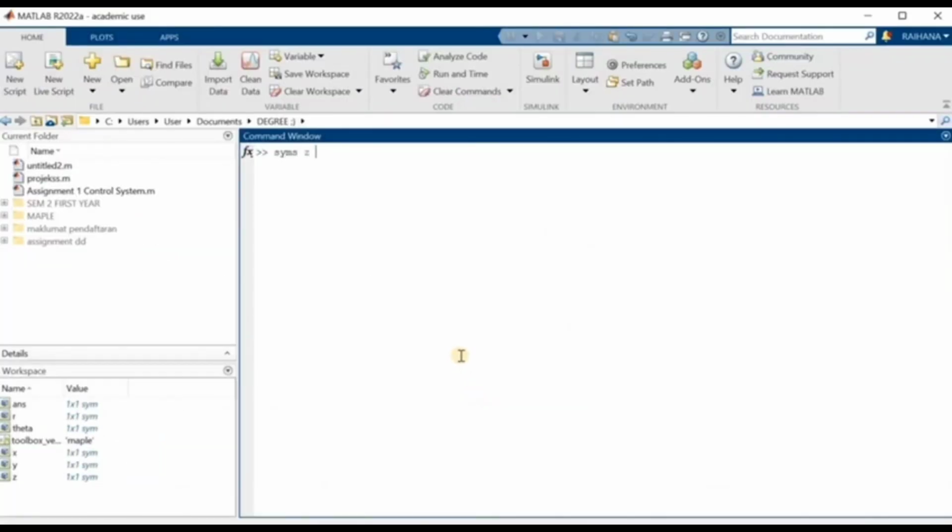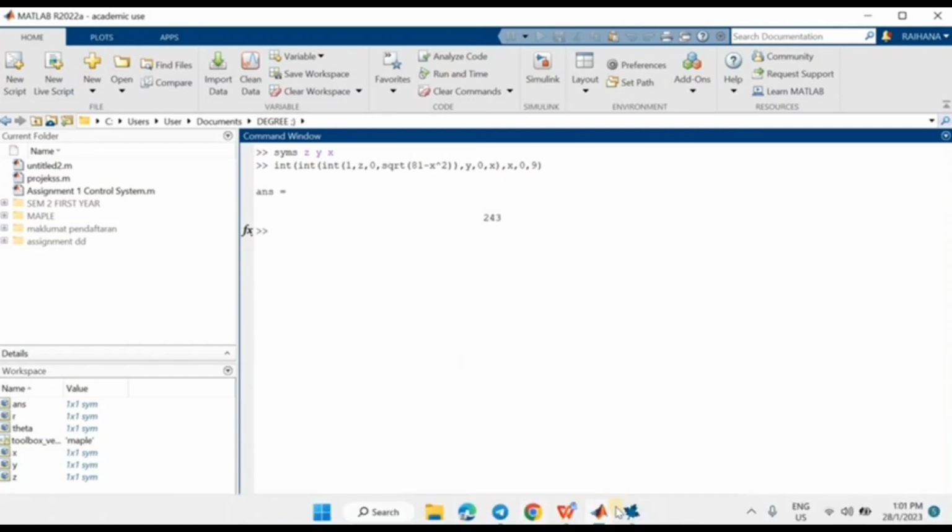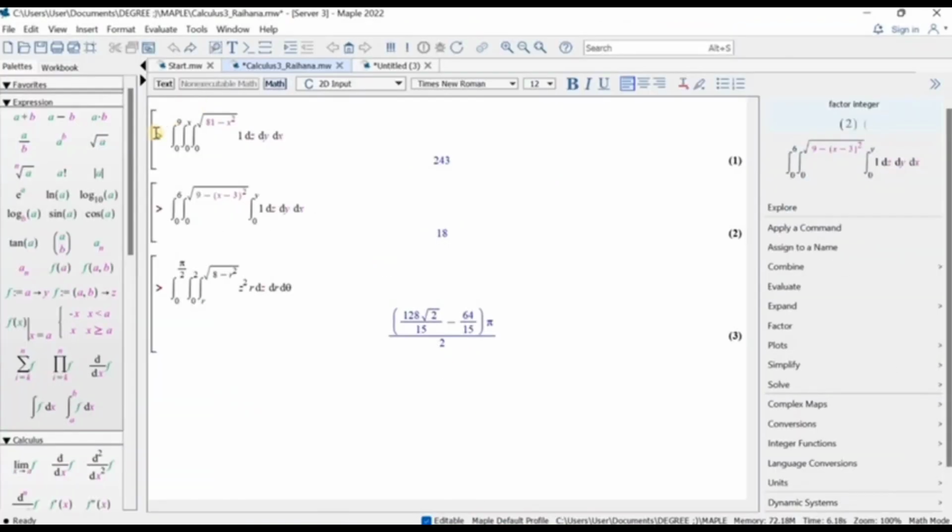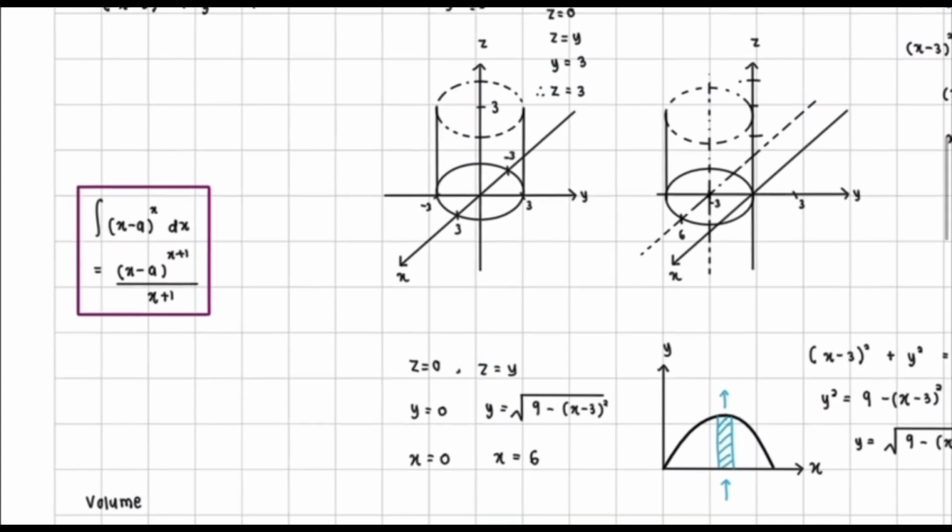First I integrate with respect to y, then z, then x, because our integral is dy, dz, dx. We triple integrate and get 243. So my answer is true, and I will prove it in Maple. In Maple I can prove this integral is 243 for part B.